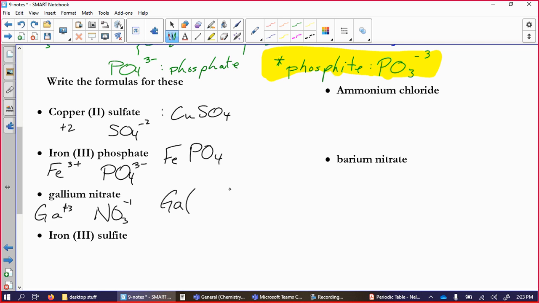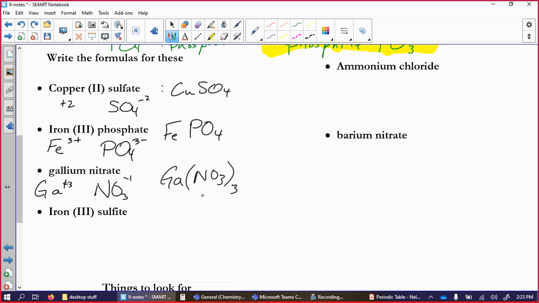So if we need more than 1, we say we need NO3s and we need 3 of them. The brackets and not having the brackets makes a drastic difference. Ga(NO3)3 exists, GaNO33, which has 33 oxygens, would not.